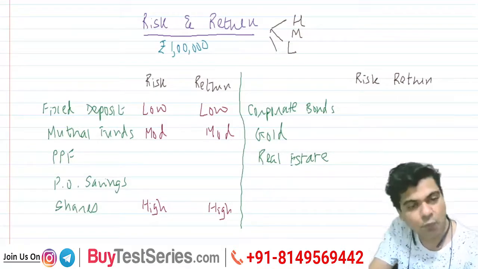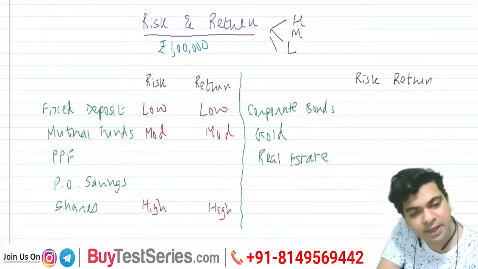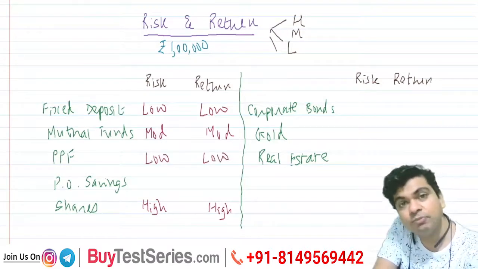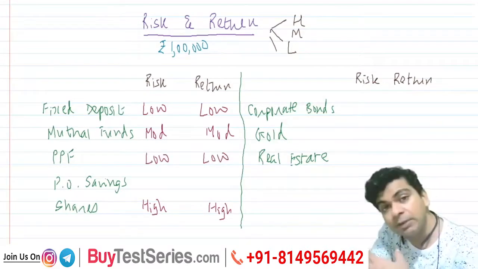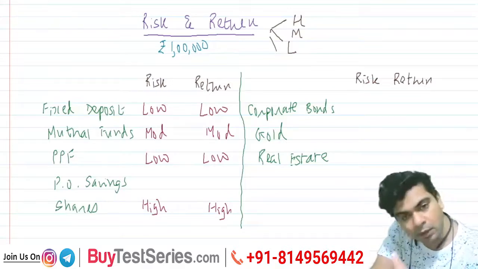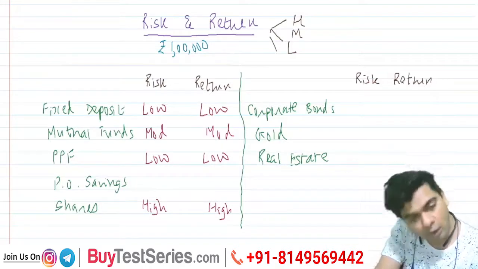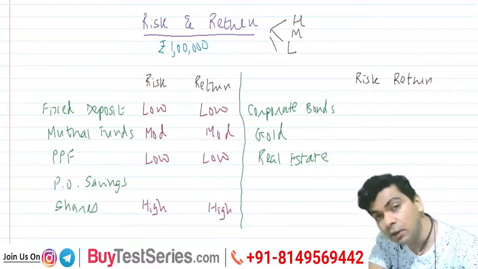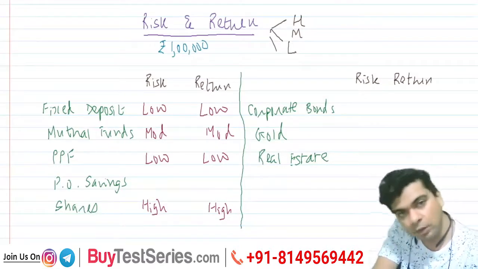Okay. What do you say for a PPF? It is a no-brainer. I don't want to even discuss this. Obviously, a public provident fund is managed by the government. One can even say no risk at all. But still, for the sake of it, I can say the risk is low and the return, of course, will also turn out to be on a lower side.